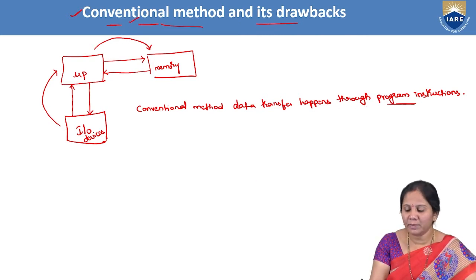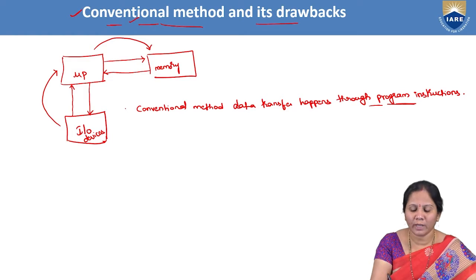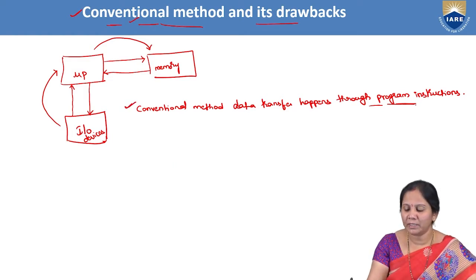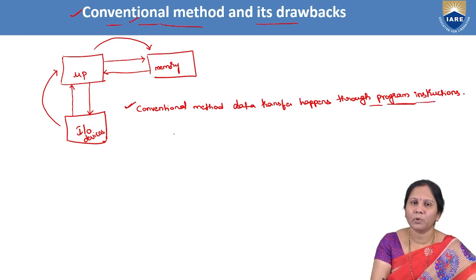So in the conventional method, using program instructions means with the help of a program, the data will be transferred between IO devices and microprocessor, and from microprocessor to the memory. So this is what happens in the conventional method. Because of these program instructions only, the drawback will be occurring.